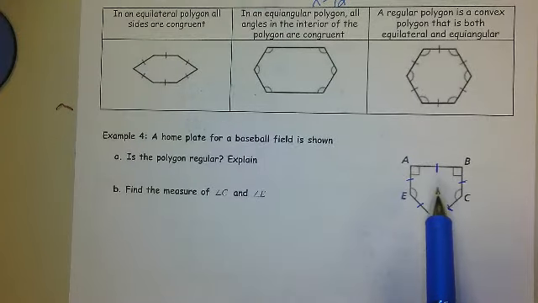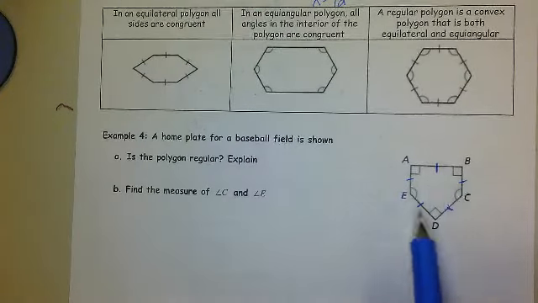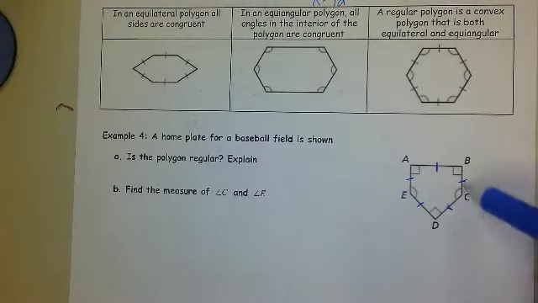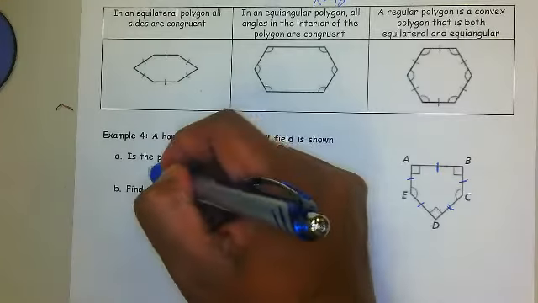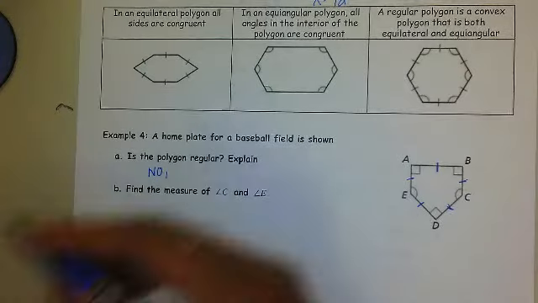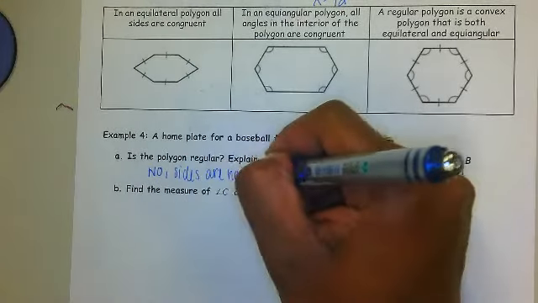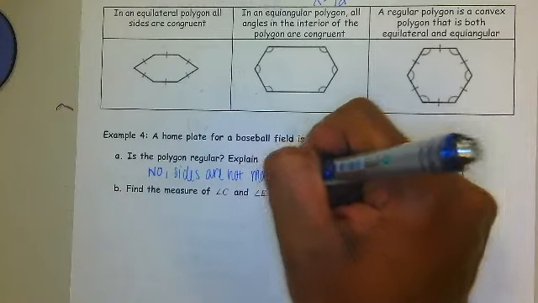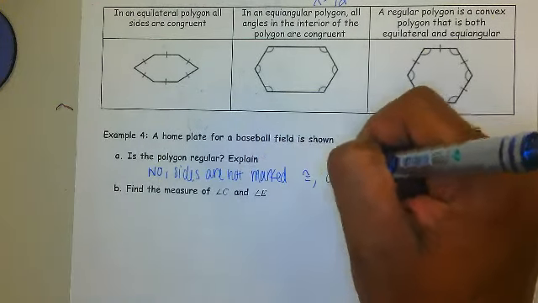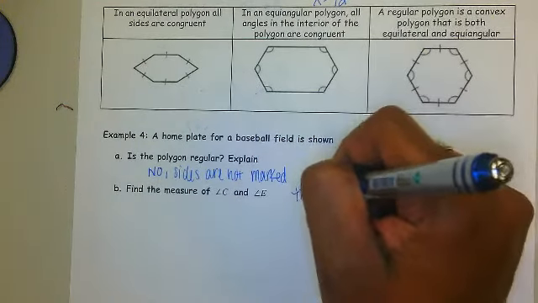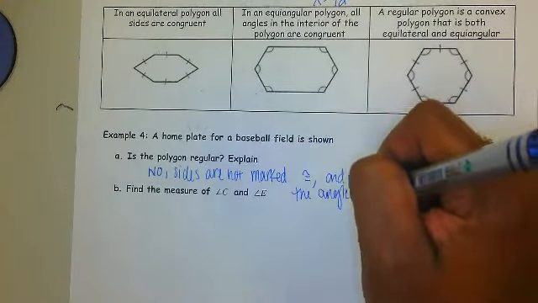You can kind of tell AB is not congruent to BC. So this is no. The sides aren't marked congruent, and all the angles aren't congruent.